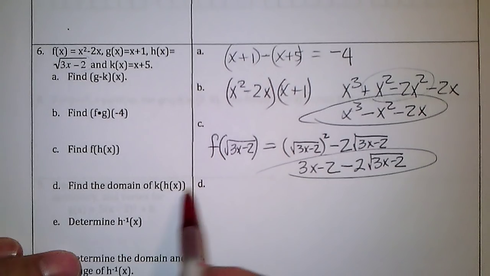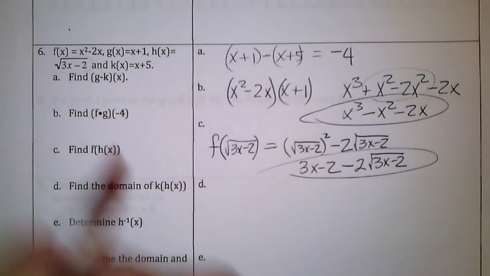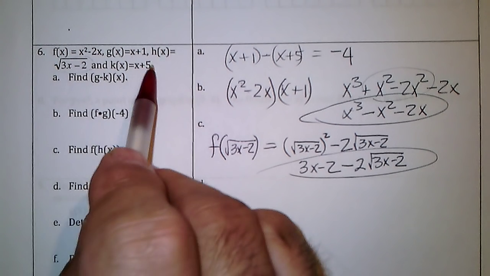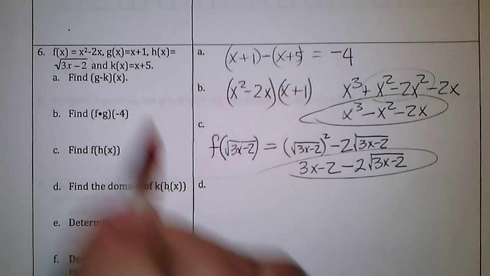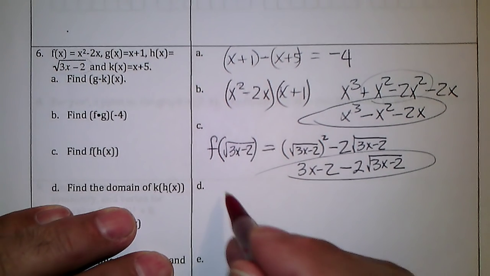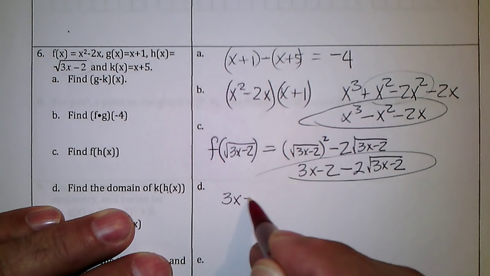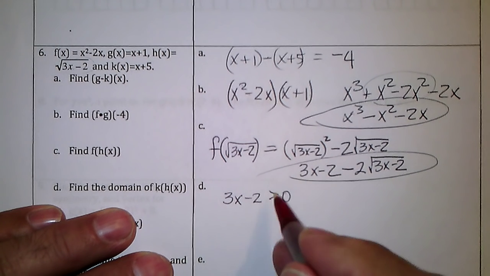So D says we have to be able to put stuff into H, and what we get out of H, we have to put into K. Well, K can accept anything, so all we have to be concerned about is being able to put it into H for the domain. So for the square root, we have to make sure that 3x minus 2 is greater than or equal to 0.